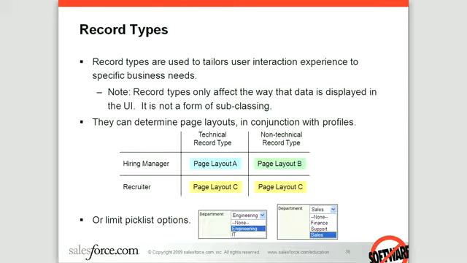Now in our case, what we're going to end up doing is the department field is a pick list. And our rule is that if it is a technical position, then it's in the engineering or IT departments. If it's a non-technical position, then it's in the finance, support, or sales departments, all right?